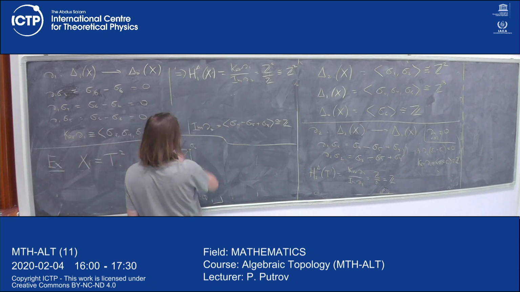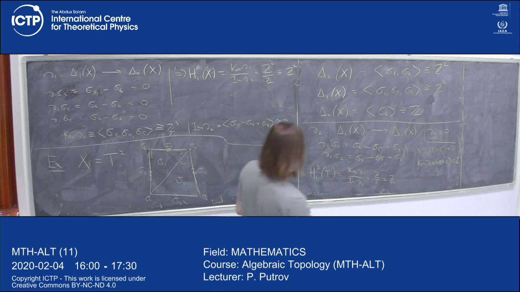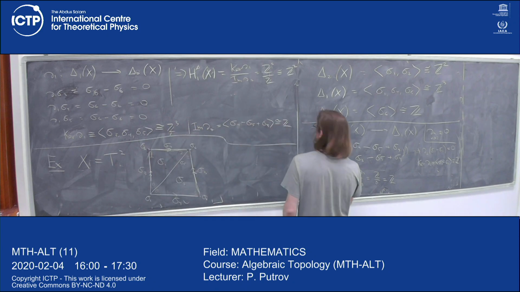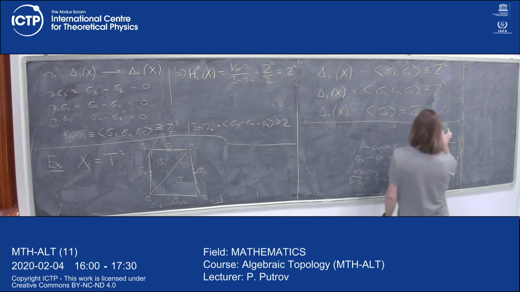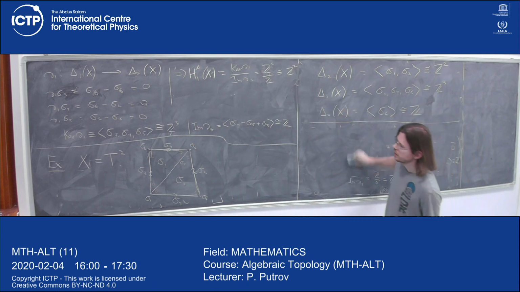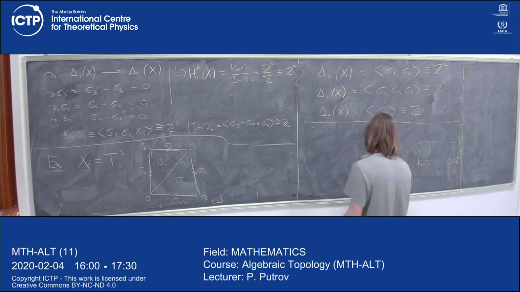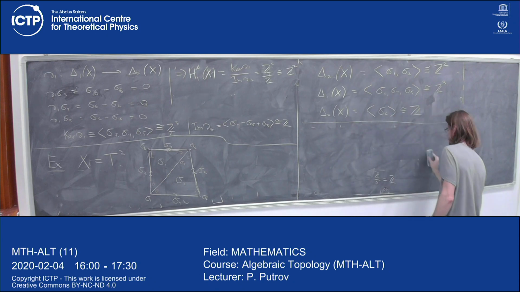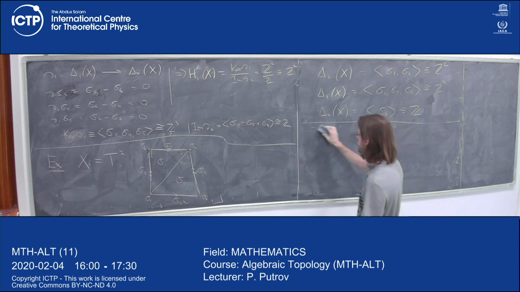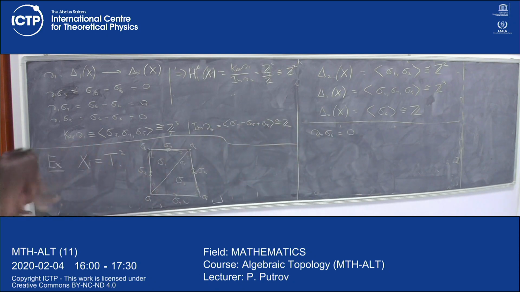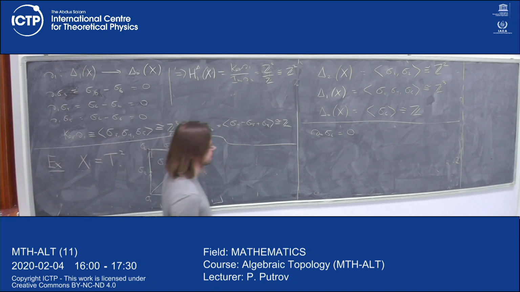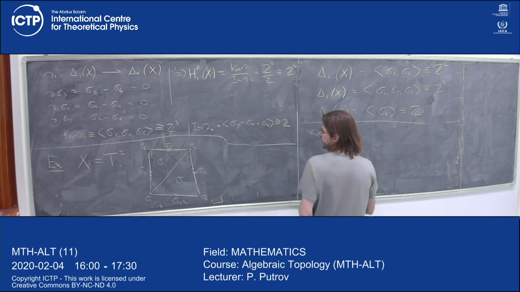And okay, so finally, we need to consider D0. So D0 by definition is just 0, right? There are no minus 1 simplices.